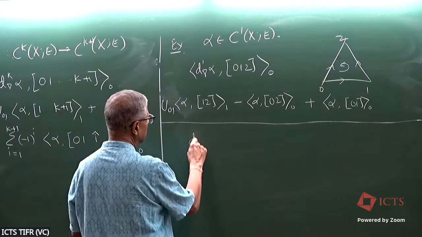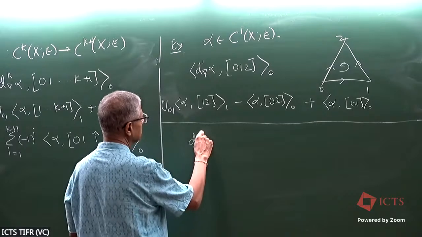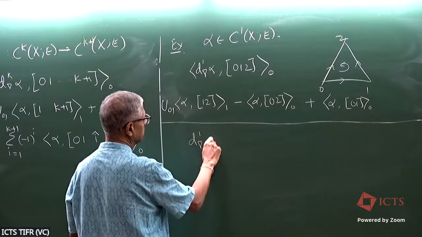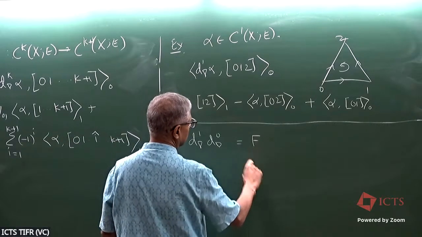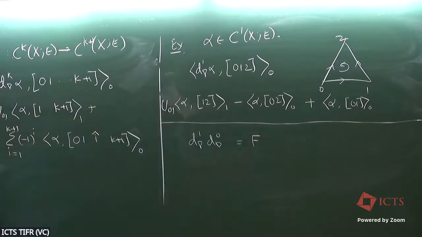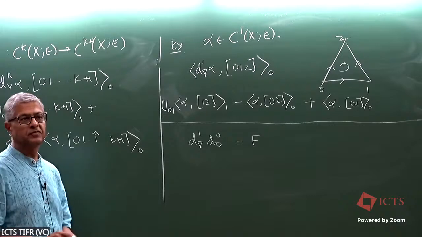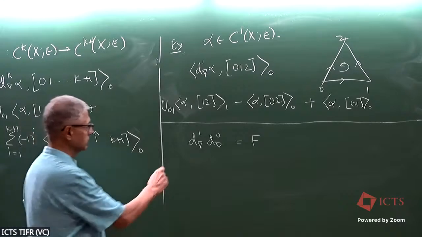So we saw that d nabla square, so d nabla 1, d nabla 0 was the curvature endomorphism. Let's see what we get if we do this exercise for the discrete case.